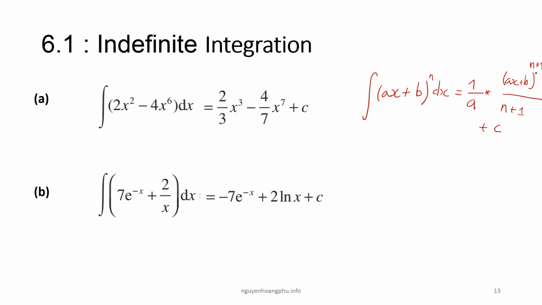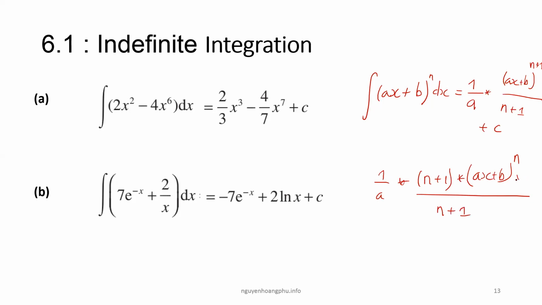Right? If you take the derivative of this one, you will have 1/a multiplied with n plus 1 multiplied with (ax plus b) power n, divided by n plus 1.